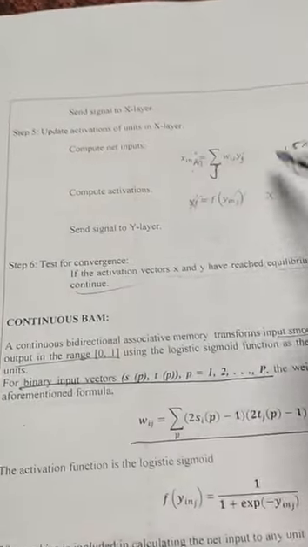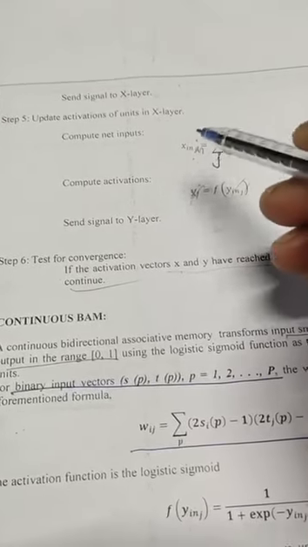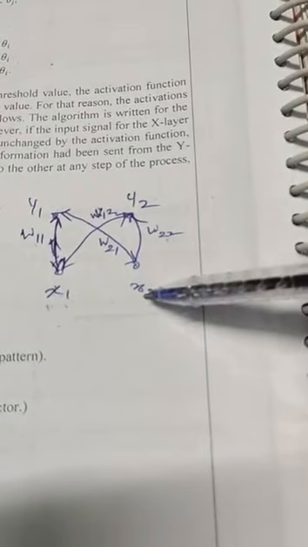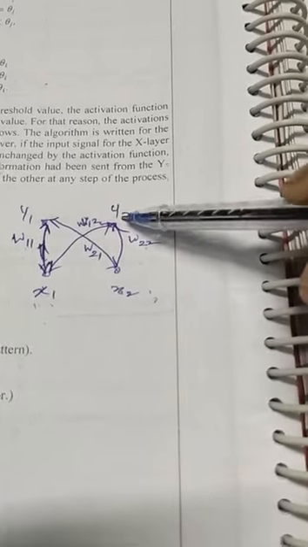This is for when you are using your Y layer as an input layer and the X layer as an output layer. In such a case, you apply the signal at the input neurons, and you have to calculate the net input in the X layer. For calculating the net input, you have to multiply the signal by the weight. That is what is given here.